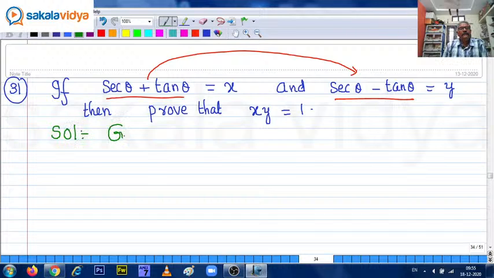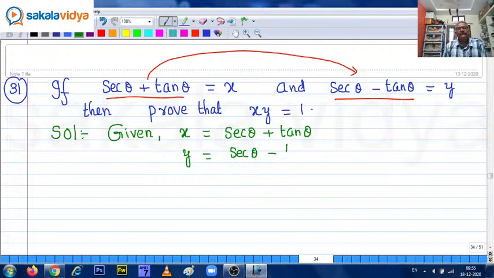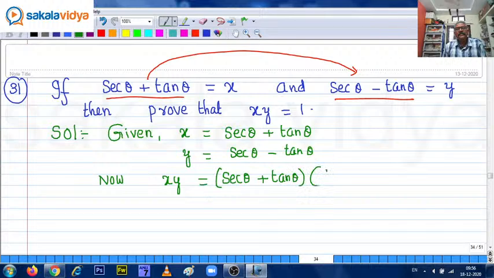First given x equals sec theta plus tan theta, y equals sec theta minus tan theta. So now xy is sec theta plus tan theta into sec theta minus tan theta.